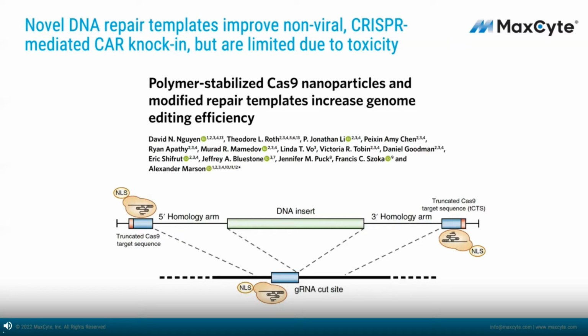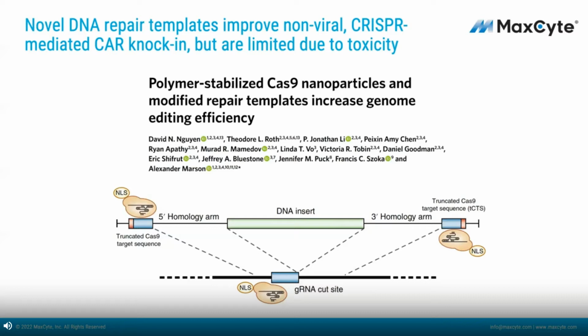But instead of just leaving it there, on either end of the construct, you had truncated Cas9 target sequences, or TCTS sequences, which enabled the binding of Cas9 to the donor template, but in a way where the Cas9 was not actually cutting the template.